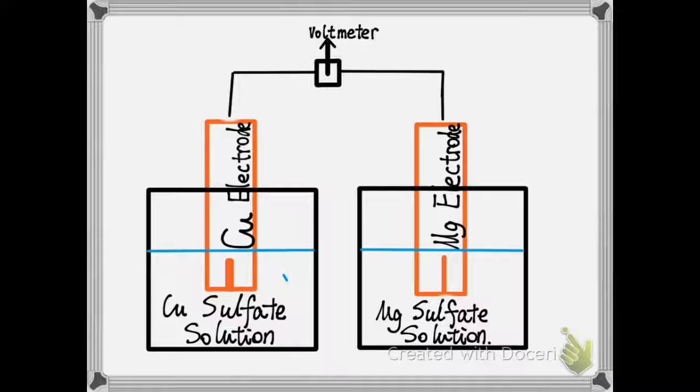This is a liquid, and this is a liquid. In here, this black line connects the two electrodes and the voltmeter. We call it wire, W-I-R-E.